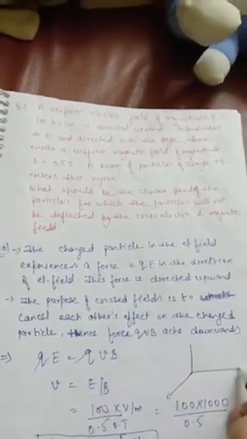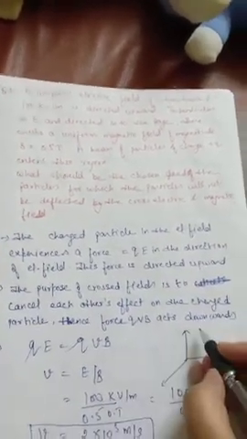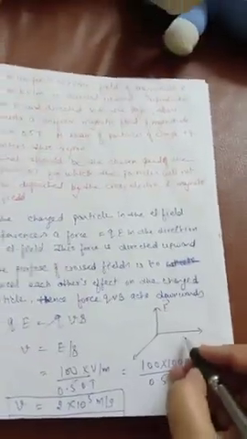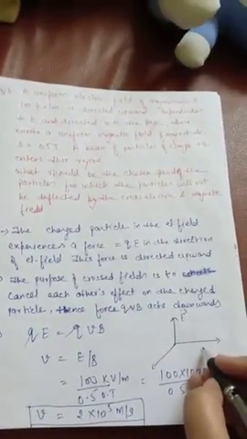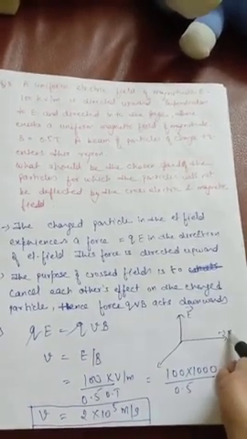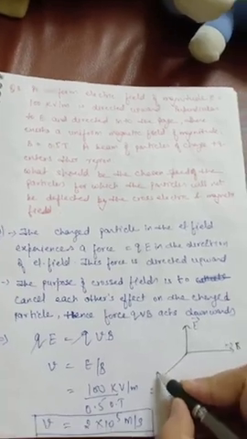That means this is something like this. It is given in the question that electric field is in this direction and magnetic field is in this direction, right? Okay, consider it in this direction.